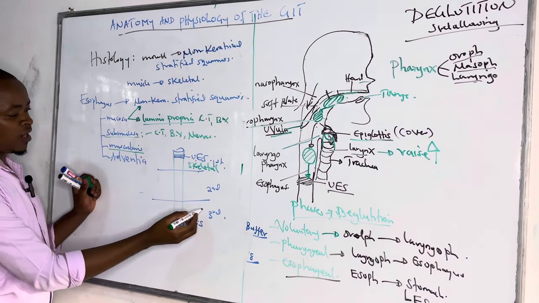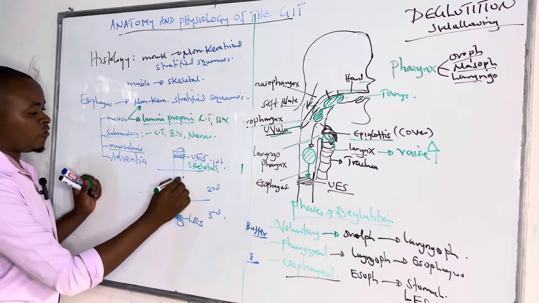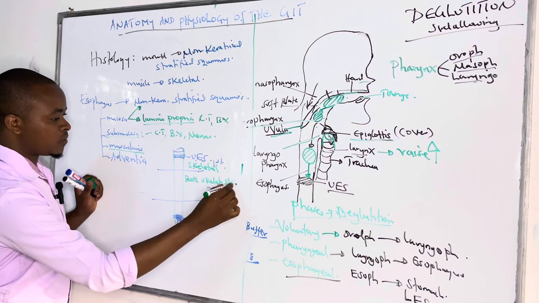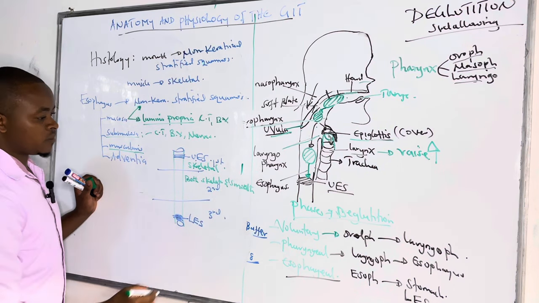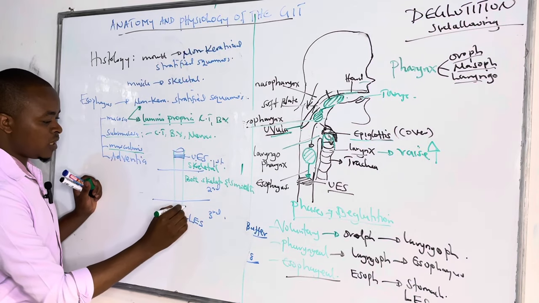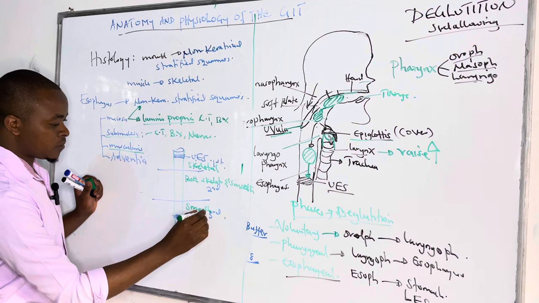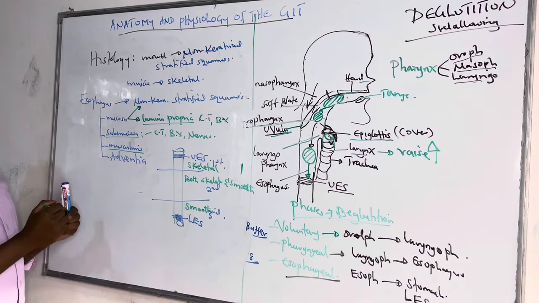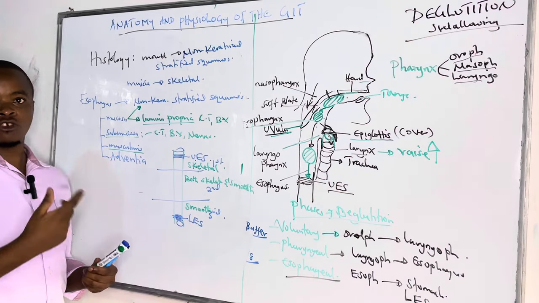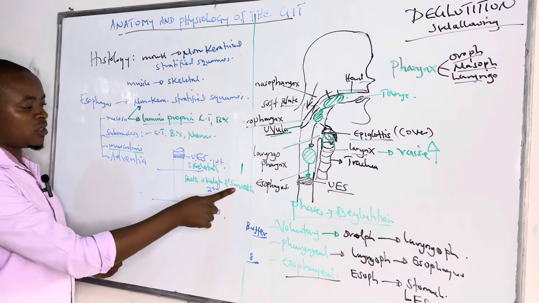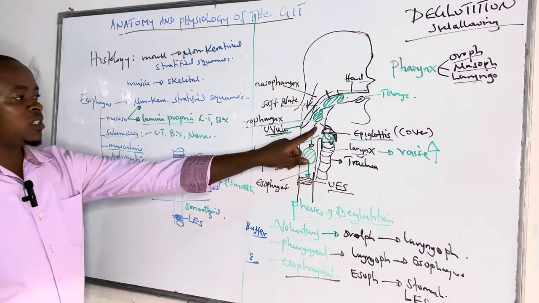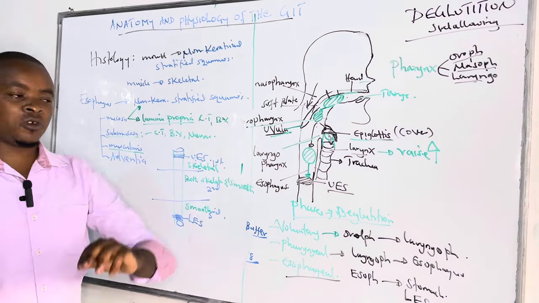Then in the second part, we have both skeletal and smooth muscles. Then in the last third of the esophagus, we have only smooth muscles. That's why at the first point of swallowing, it is voluntary. We can control. But beyond that, we have smooth muscles and they are involuntary. You cannot control. Whenever the food has reached the laryngopharynx, you can no longer control.